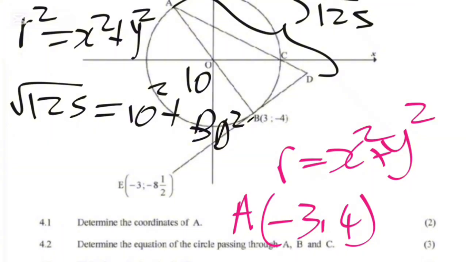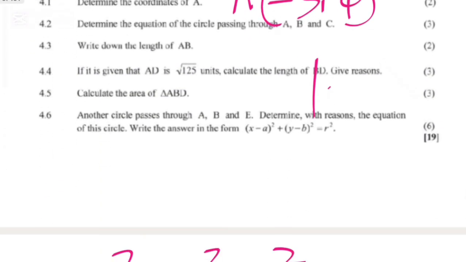The rest is history, guys. Transpose that side and you will end up finding BD as 5. Right? Okay. Let's continue with the next question.